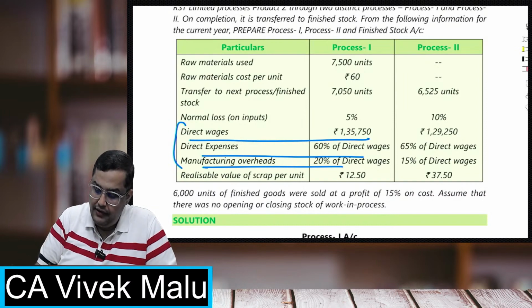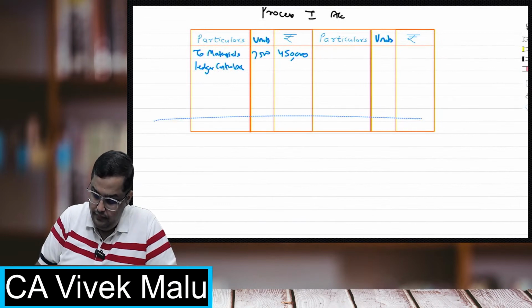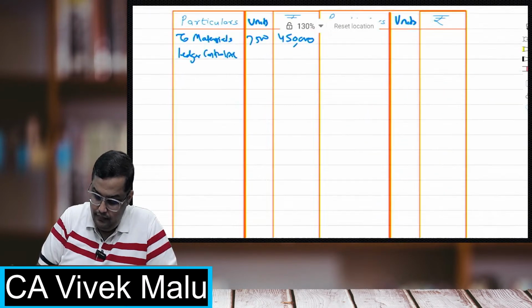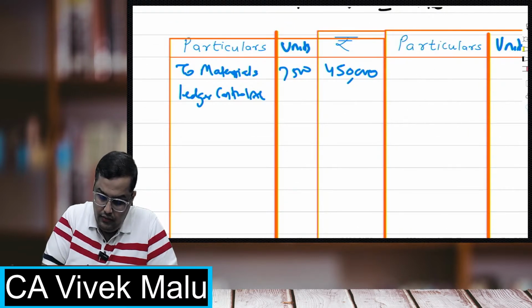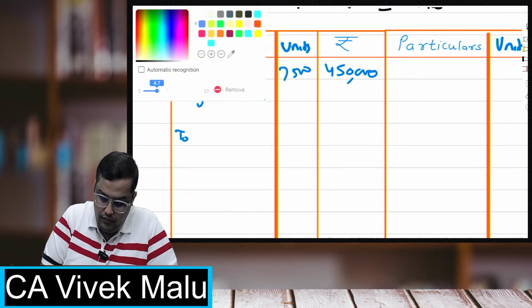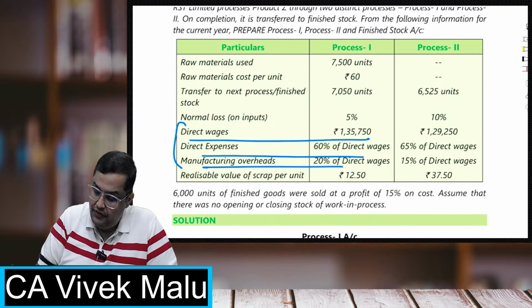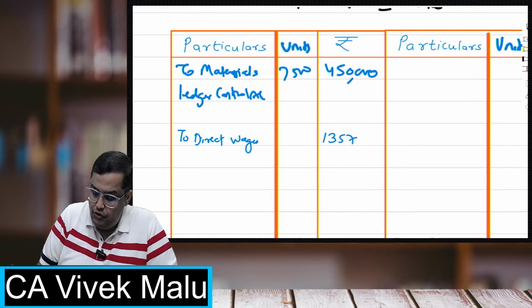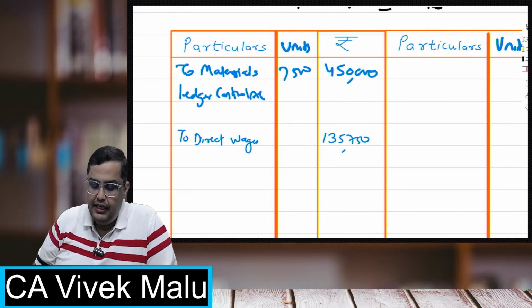So direct wages, let's write. To direct wages 135,750. This question actually has everything: abnormal loss, abnormal gain. That is why we are taking this question.